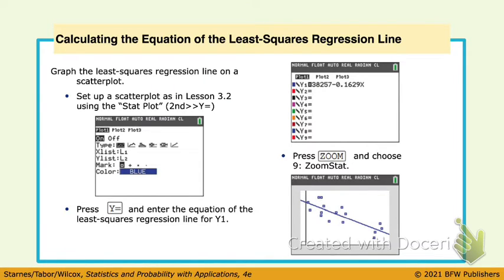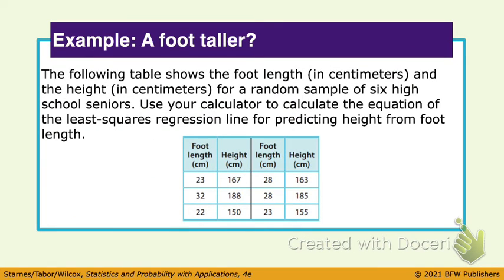Cool. Here's what I'm going to recommend because we're going to do an example. This one does not have as much data, so that's a good thing. I highly recommend that you clear your calculator. Do you guys all know how to clear your calculator? Second plus 712.